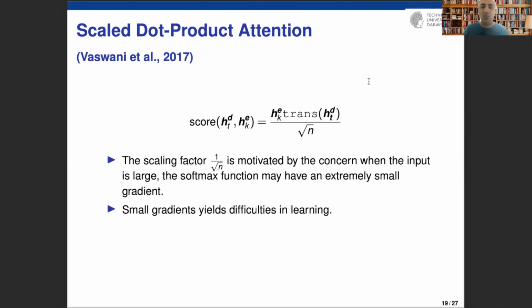Okay, what is the scaling factor root n? The scaling factor is motivated by the concern when the input is large. When you are computing the dot product, you are multiplying these numbers and summing them up. If the length of the vector is too large, then you may end up with a very, very large number, right?